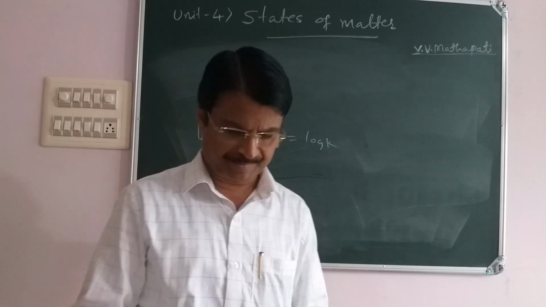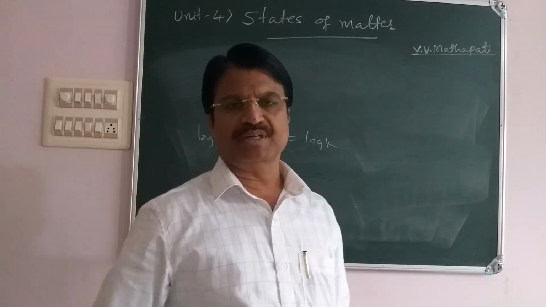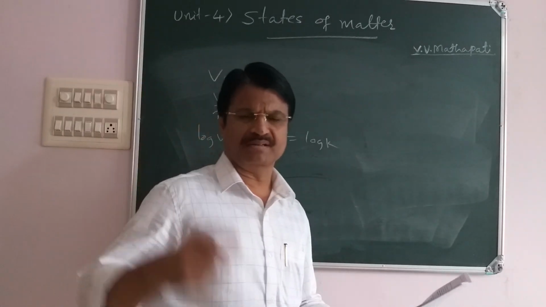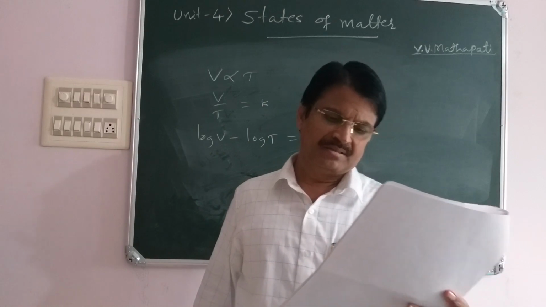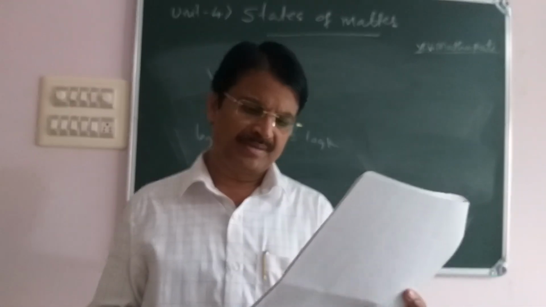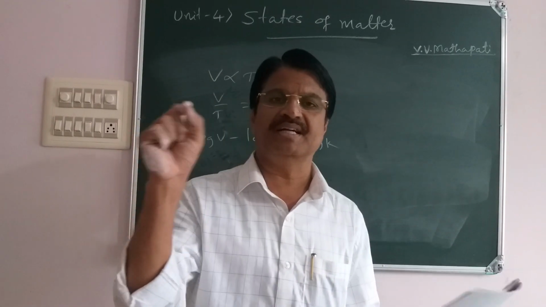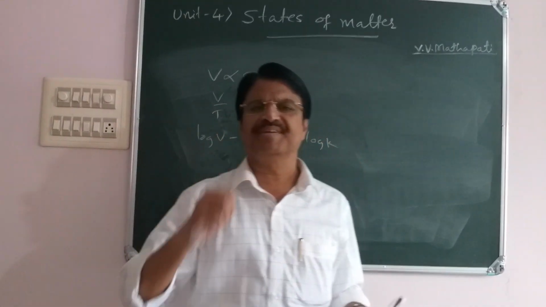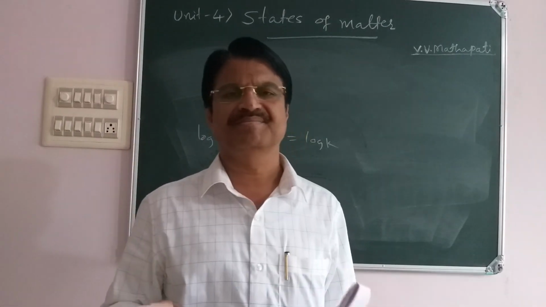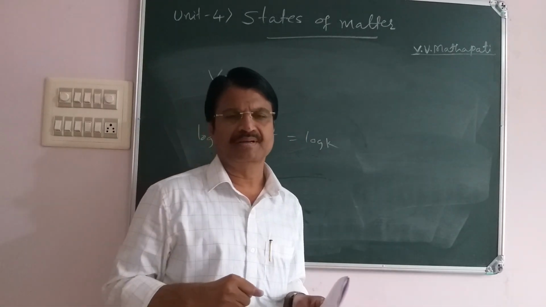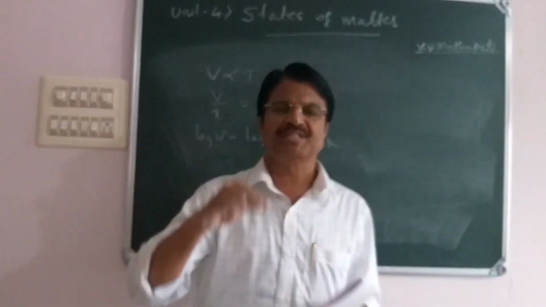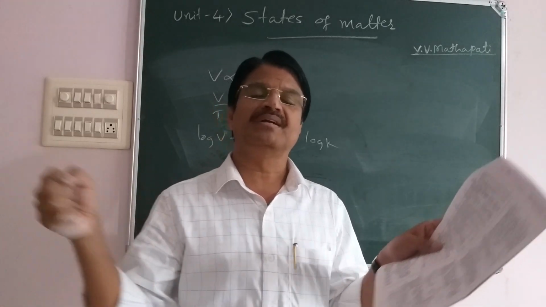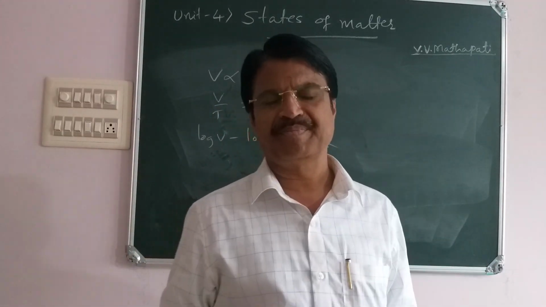The last year paper, the 2018 paper. There are 2 questions. Both are theoretical, no problem. But again, think about the van der Waals constants A and B. For compression or liquefaction of a gas, the A value should be high, meaning intermolecular force must be more.